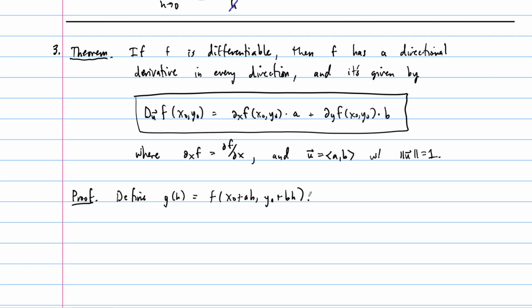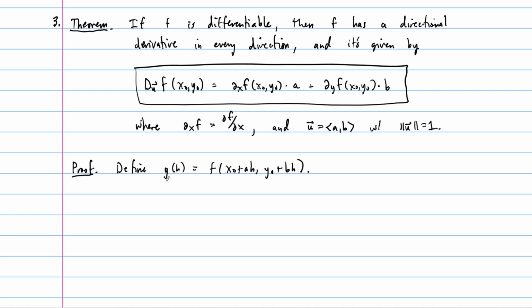So let's define this function, and then let's consider two different ways to take the derivative of this function. So let's consider g prime at 0. Remember, g is a function of h, right? So by definition, this is going to be the following. This is going to be the limit definition. Now h here is playing a different role. This is the independent variable. So let's change this down here to say a u.